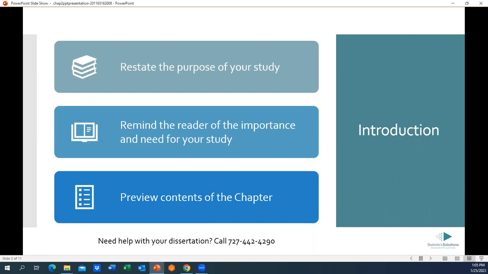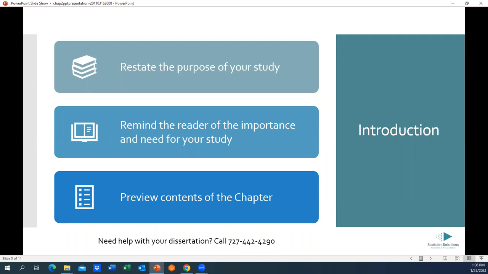So restate the purpose of your study. Remind the reader of why your study is needed, why it's important to conduct your study, which is going to sound a lot like your research problem. And if you want, you can preview contents of the chapter. This chapter will include, and just list the sections. The introduction is not long. I'd say less than a page, maybe a paragraph, maybe a couple.